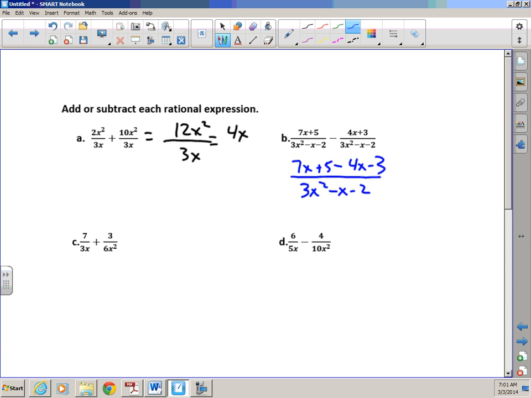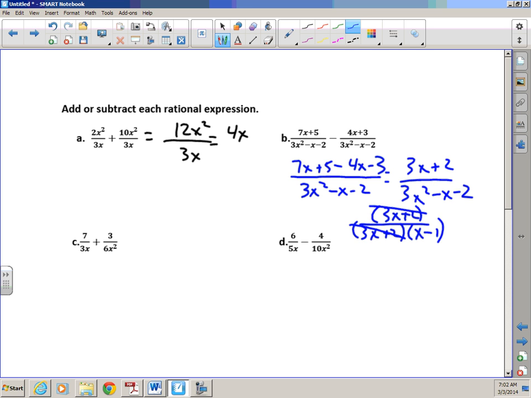The most common mistake in this situation is where we distribute the negative sign just to the first term. So now we get 3x plus 2 over 3x squared minus x minus 2. The denominator can be factored as 3x plus 2 times x minus 1, so that we're left with 1 over x minus 1.